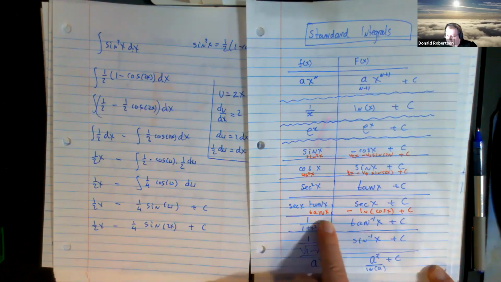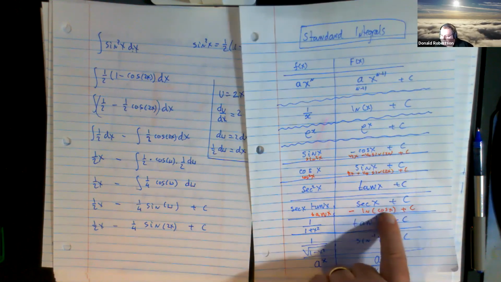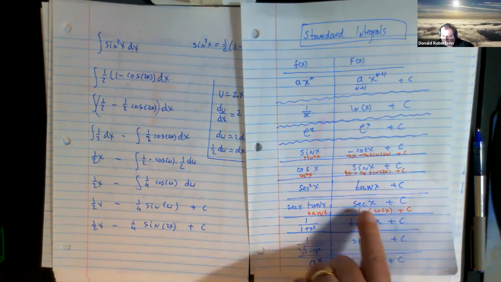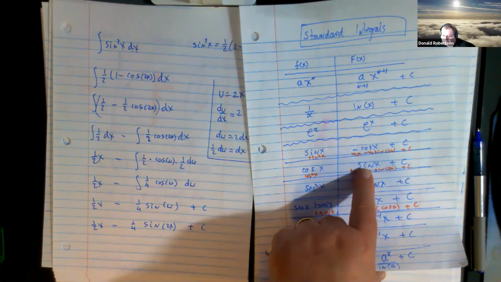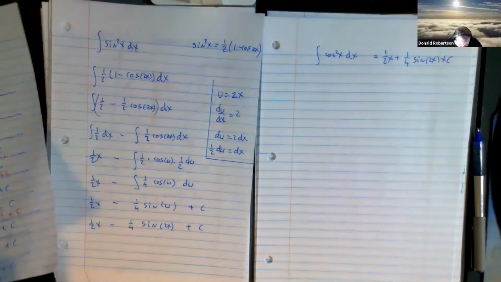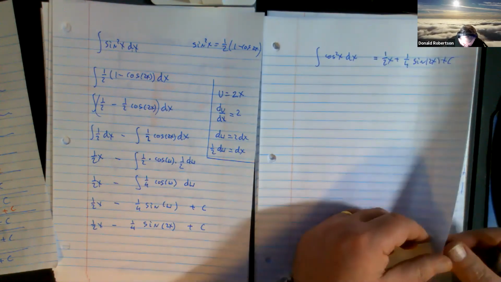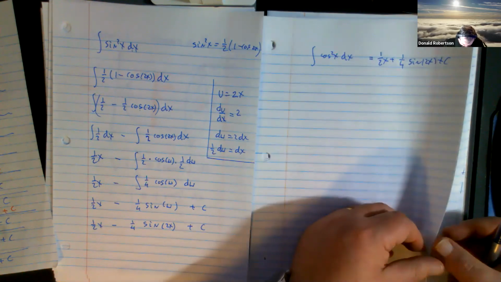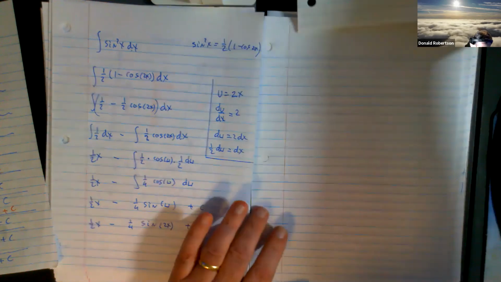When you come across a question and you finally get the answer and you don't want to have to do that again, can't you just go to your little table and add it? And I've just done the sine squared, and if you do the working, you can do the cos squared. So why am I doing that? Because I want to be able to find a volume of revolution of this fella.